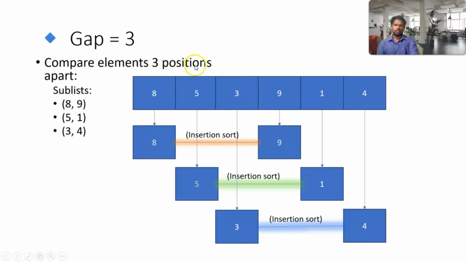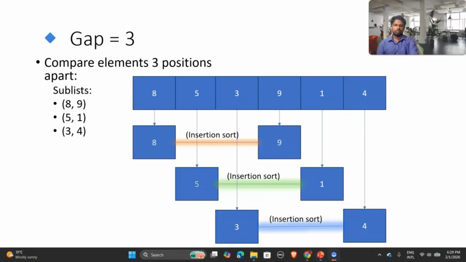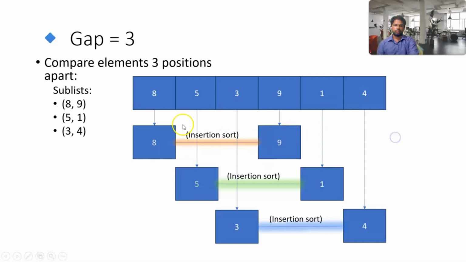So compare elements 3 positions apart, because the gap is 3 now. So 8 is compared with 9, which have a gap of 3, and 5 is compared with 1, and 3 is compared with 4. So we apply insertion sort to each of these sublists.